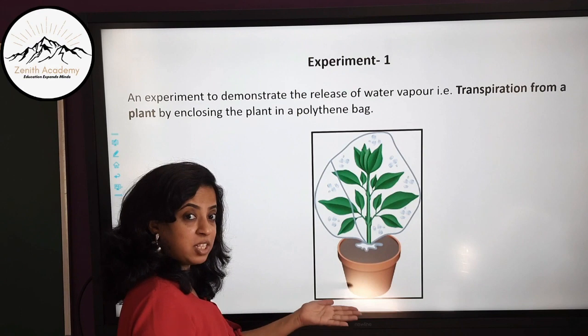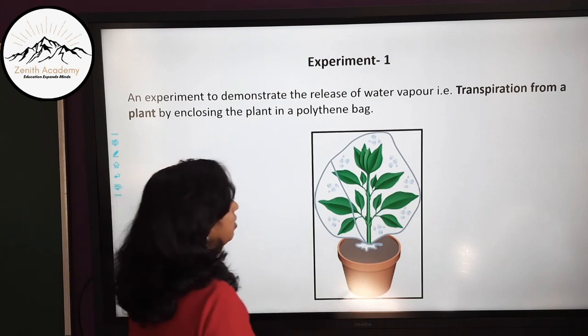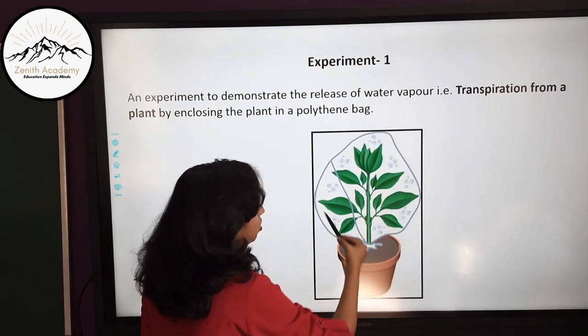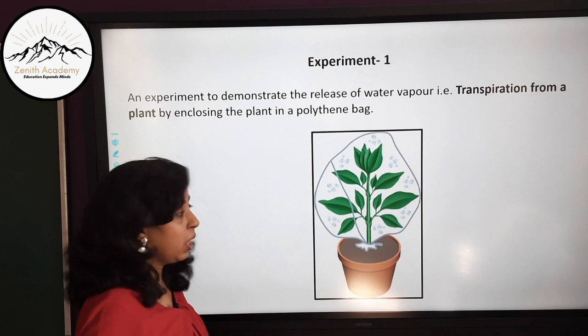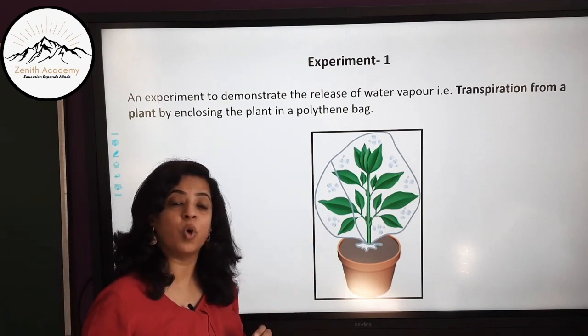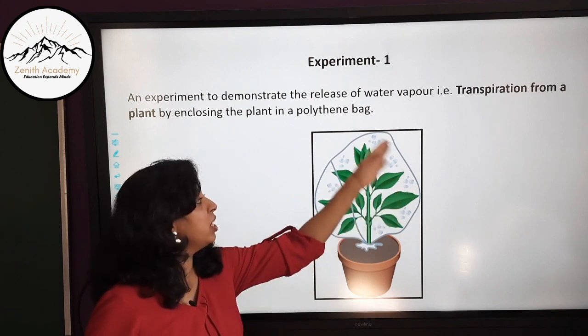We will leave this arrangement in sunlight for about 2 to 3 hours, and then we will see that there are some water droplets on the surface of the polythene bag. What are these water droplets? These were the water vapors that were released during transpiration and got condensed.